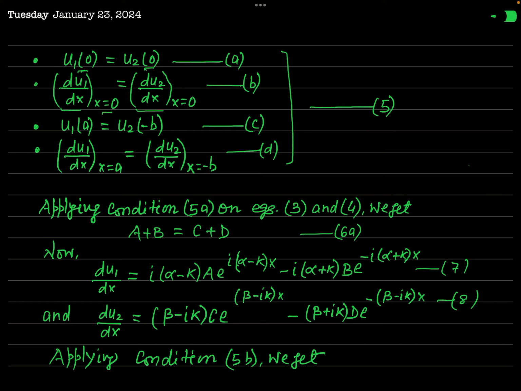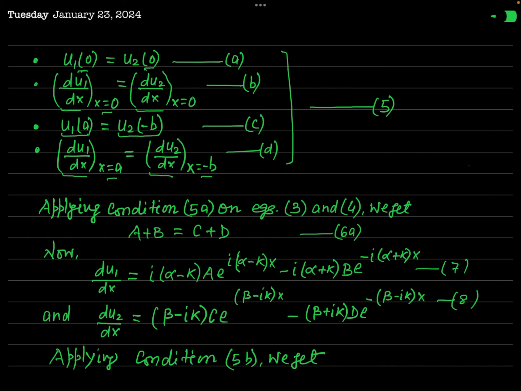And that's why you can say that our wave function u1 at x equal to A and u2 at x equal to minus B will be equal. This is your third boundary condition. In a similar manner, since the first order derivative of a wave function is also continuous, du1 by dx at x equal to A and du2 by dx at x equal to minus B will also be equal.